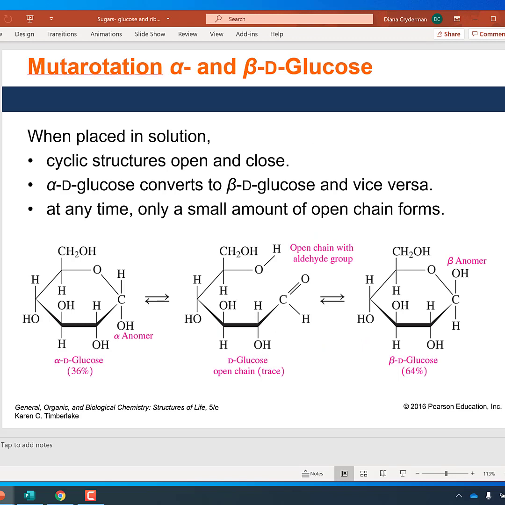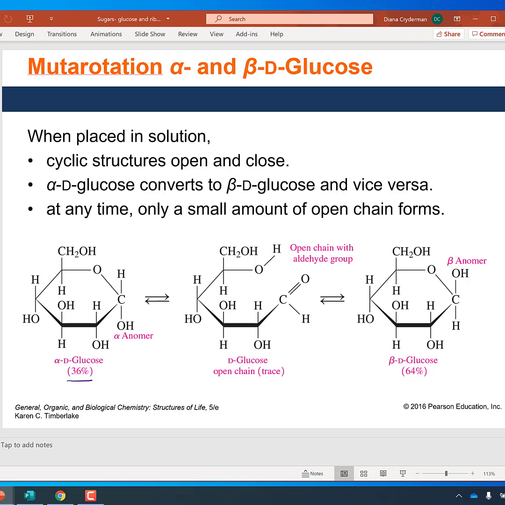When it's placed in solution, it is possible for the ring structure to open and close, and we could potentially convert from alpha to beta and back. So typically at any time we could be going back and forth between alpha and beta.